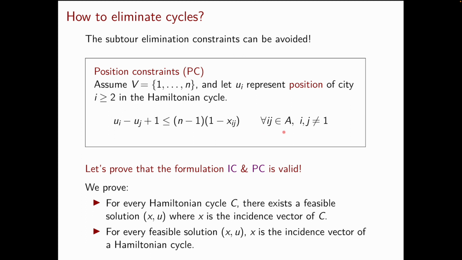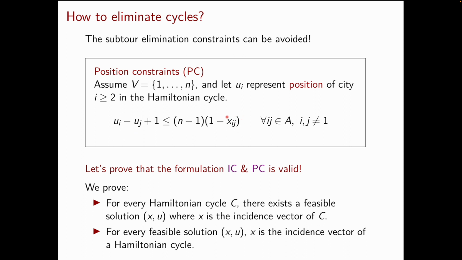Then, for every arc ij with i and j different from 1, we write the inequality constraints ui minus uj plus 1 less than or equal to n minus 1 times 1 minus xij. Now let's try to understand the idea behind the position constraints.